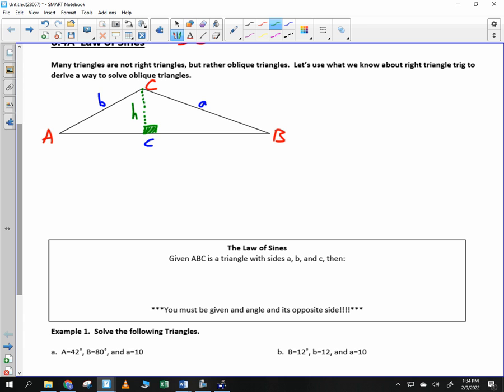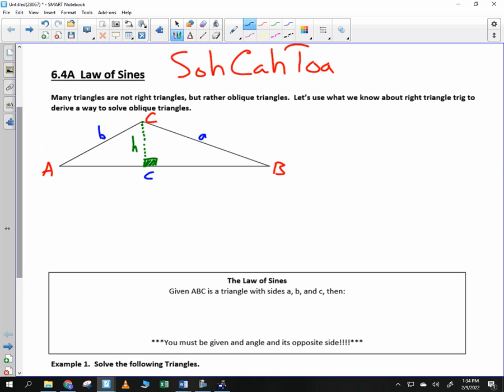Agreed? I would like to say something intelligent about the relationship between the angles and the sides. Here's where you come in. Folks, I want to say something about angle A, side H, and side B. Sine, cosine, or tangent.